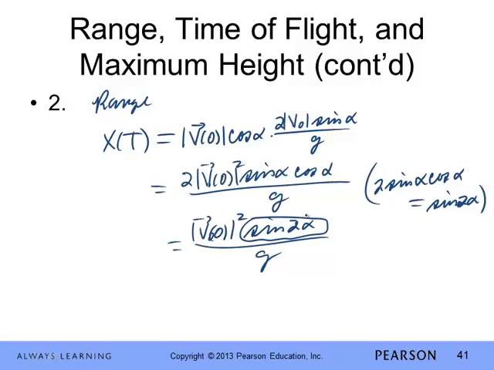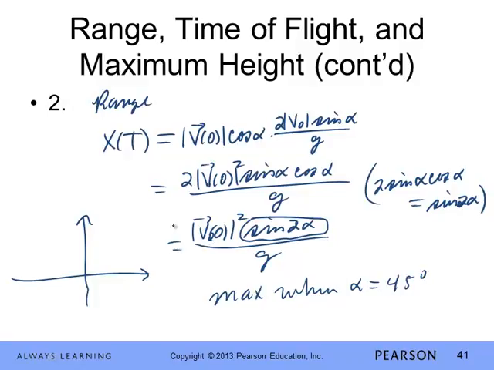On the interval from 0 to pi, the sine function is maximized when the angle you take the sine of is 90 degrees, or pi over 2. But 2 alpha is pi over 2 when alpha is equal to pi over 4. So max when alpha is equal to 45 degrees.